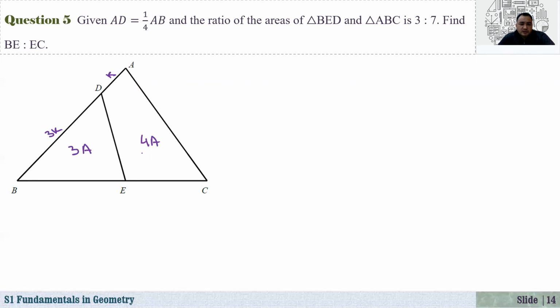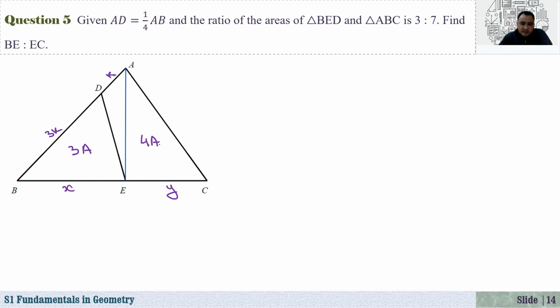All right. So the question is, we need to find the ratio of BE to EC. Again, I really like using shortcuts. Let's say this is X to Y. The question is, we need to find X to Y. Now, first, let me connect E with A. If we connect this, we are just dividing the area of ADEC into two parts.